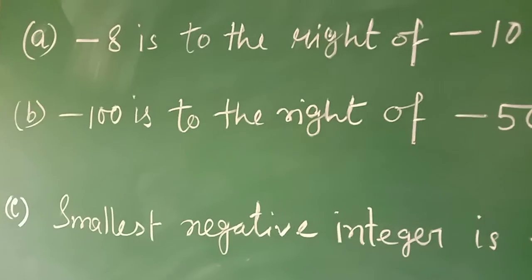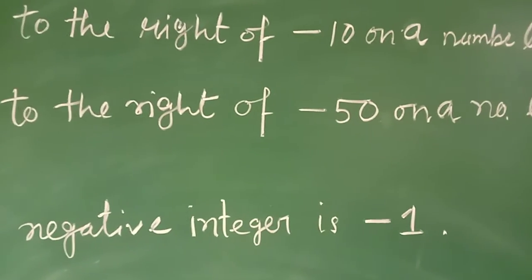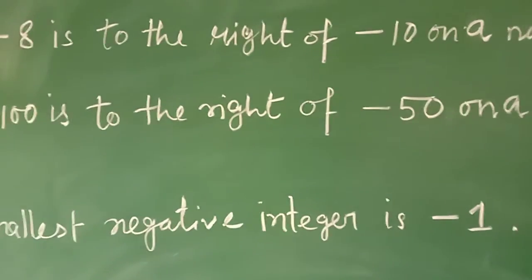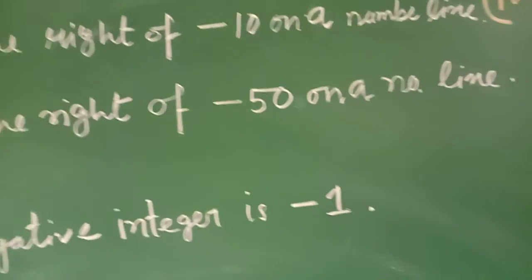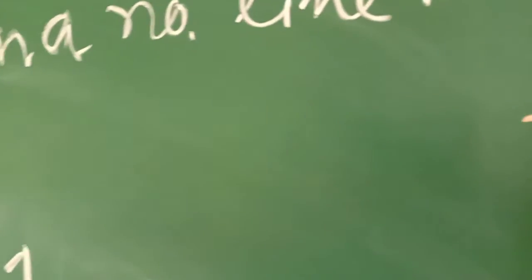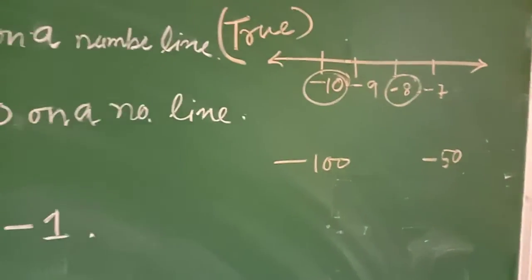Next, minus 100 is to the right of minus 50. Think, minus 100 is to the right of minus 50. Check minus 100 and minus 50. Which one will be on the right?